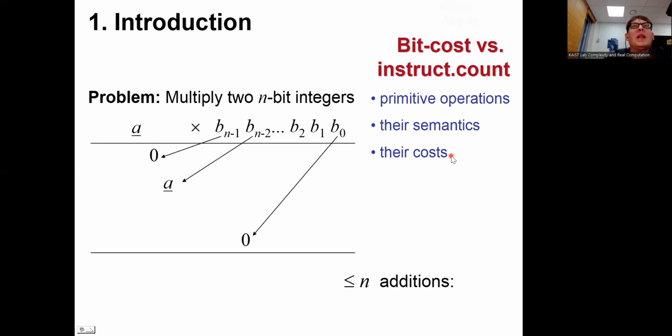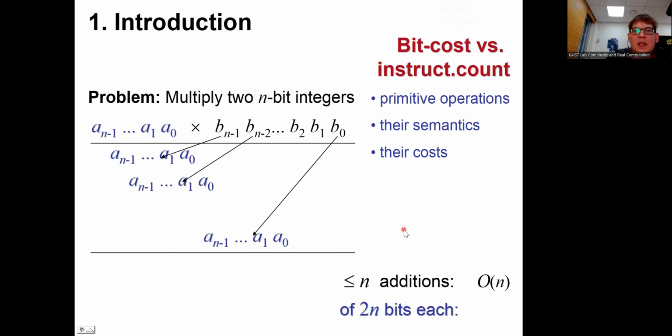So now we'll analyze this algorithm from the bit cost perspective, which is more involved, but also more realistic from the perspective of actual computing. This is easy in this example. We have n additions, and each addition involves integers of n bits, or at most 2n bits actually, so that a more realistic prediction in the bit cost model says that the bit cost is quadratic: n squared bit operations.